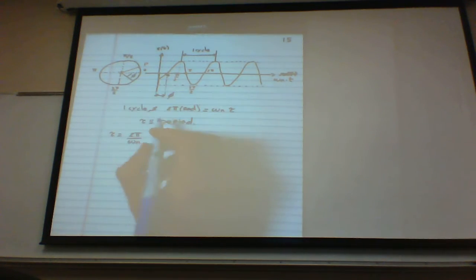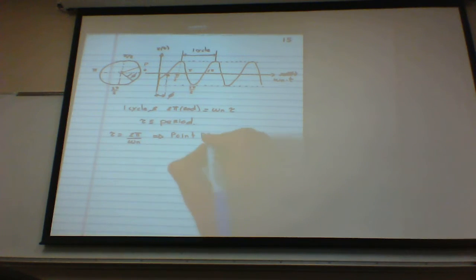Okay, so what would be the definition of this? Let's try to give it an explanation. So point P goes through a complete revolution, what you said before, or cycle. And what is one revolution? We said before is 2 pi radians. Okay?